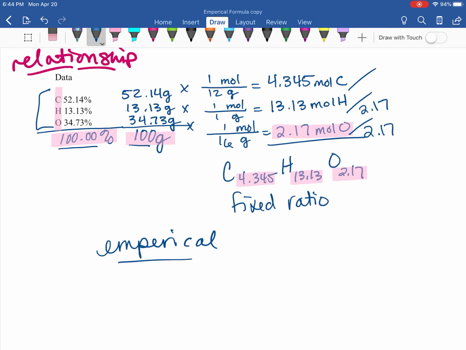So how would we set oxygen to 1? We need to divide by 2.17. We need to divide everything by the smallest, and let's see what we get. Okay, so that's going to be 1 for your oxygen. Let's take our 13.